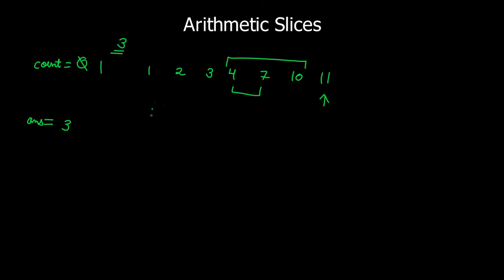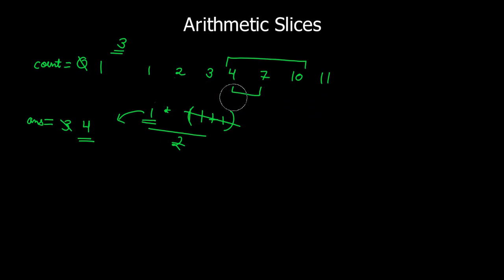And yes, 1 multiplied by 1 plus 1 divided by 2, that is our formula, definitely holds, therefore answer becomes equal to 4. So in total we have 4 slices.